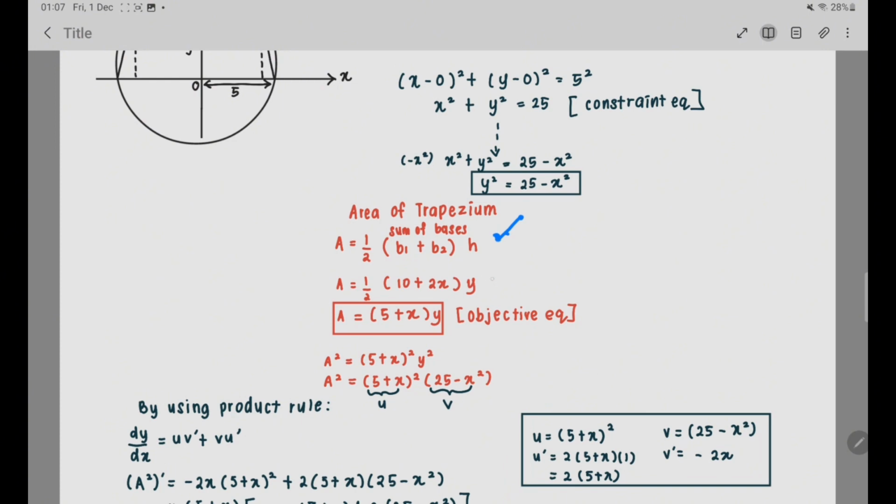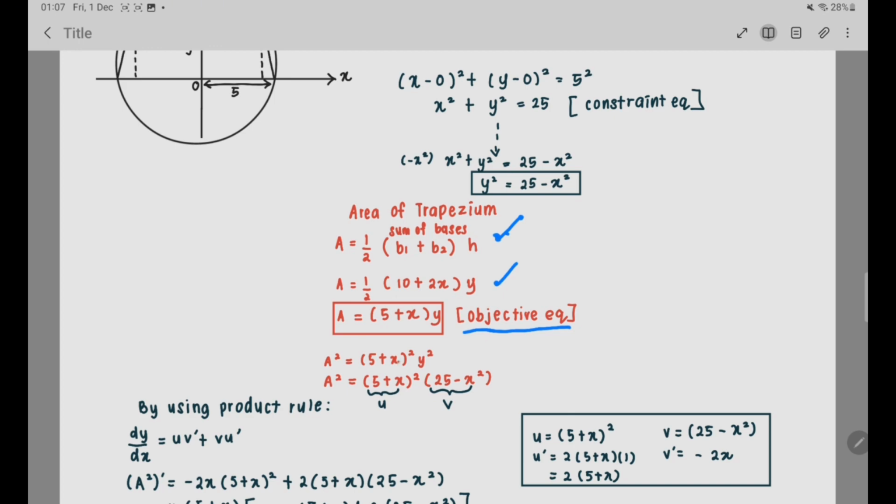So we insert it into the equation of the area of a trapezoid. We get A equals half times (10 plus 2x) times y. We simplify it as A equals (5 plus x) times y, which is the objective equation.